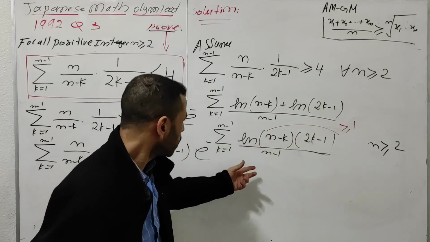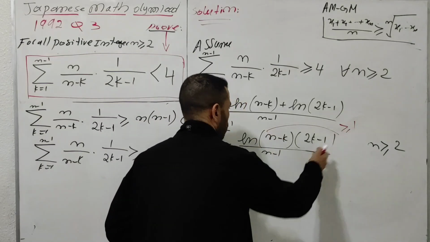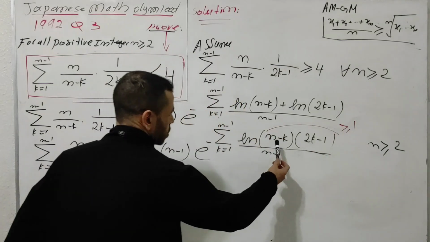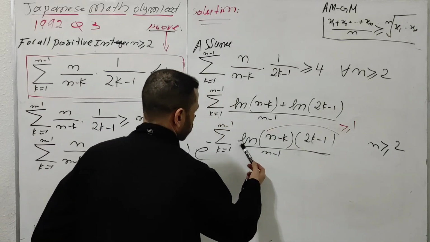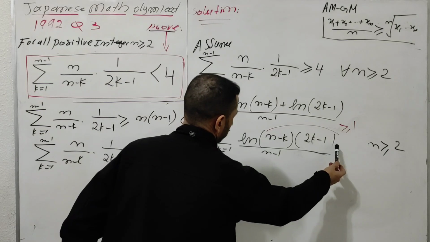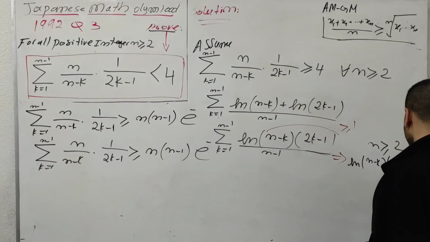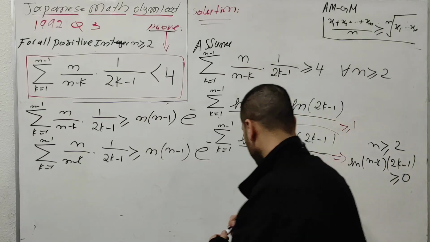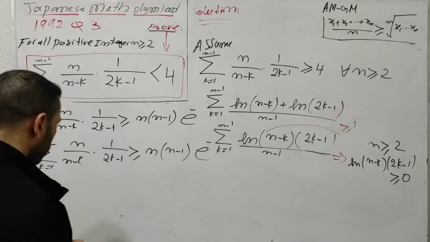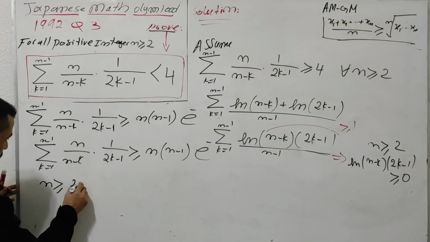Okay, that means this product is always superior or equal to 1. Since this product is superior or equal to 1, that means the natural log of this one is always superior or equal to 0. That means natural log of n minus k multiplied by 2k minus 1 is superior or equal to 0. Okay, moreover, we have n is superior or equal to 2.